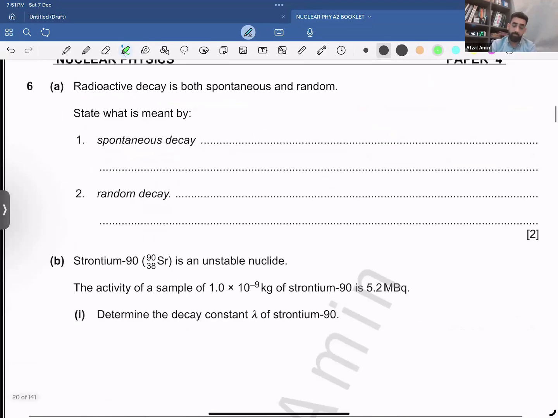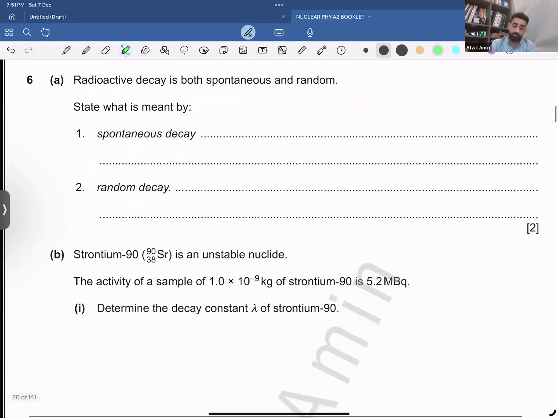Let's proceed. Question number 6. A very easy part. They're asking you the meaning of spontaneous decay. Decay has two natures, spontaneous and random. Spontaneous decay, I told you, is the decay that is not affected by any external factors, external conditions like temperature, pressure, or presence of any other radioactive isotope.